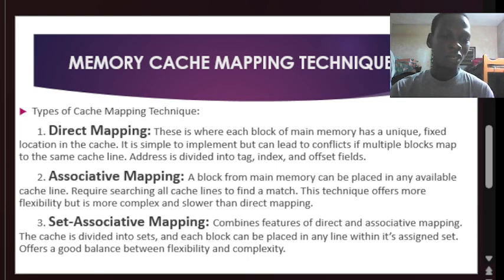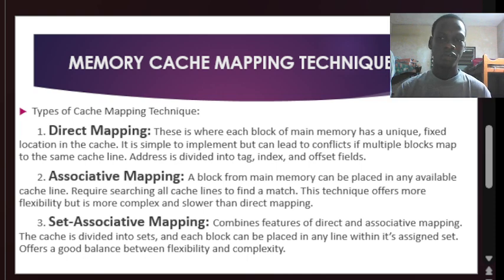The next one is associative mapping. With associative mapping, a block from the main memory can be placed in any available cache line. This requires searching all cache lines to find a match.